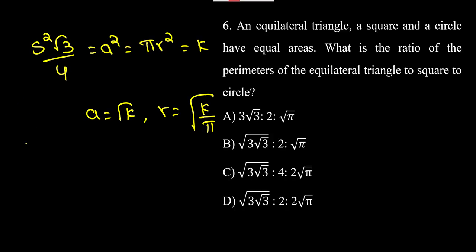Whereas for s, root 3 by 4 s square equals k, so s square is 4k divided by root 3.